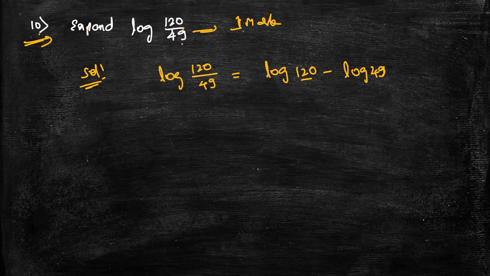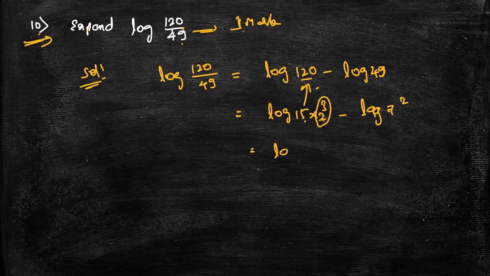So 120 we can write as log of 15 into 2 to the power of 3, minus log of 7 square. This 2 to the power of 3 is 8, and 15 times 8 is 120, so that's why I took this one.